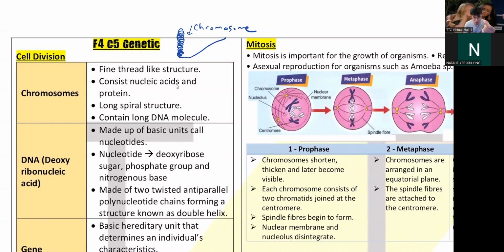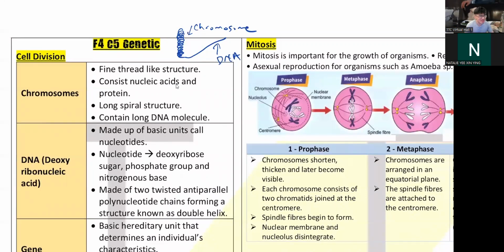That big roll of thread is the chromosome, because you have 46 chromosomes, if you remember. Every row of thread is called a chromosome. And when you pull one strand of thread out, that is what we call DNA.